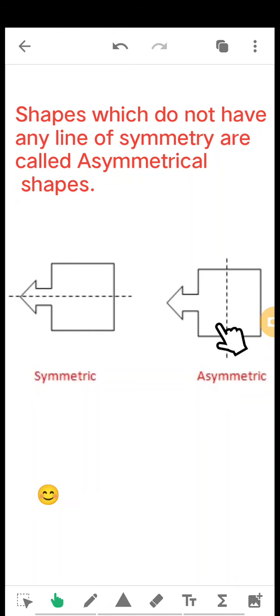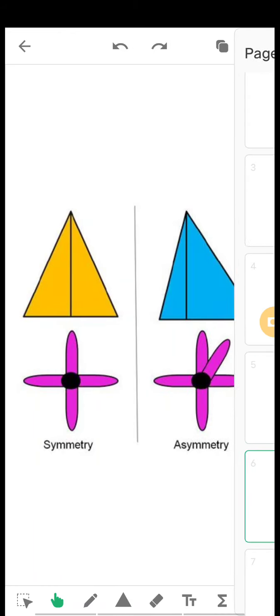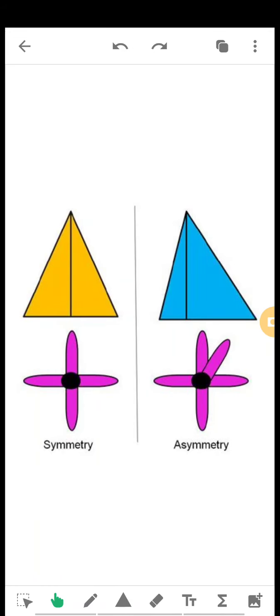But this line is not able to divide this shape into two equal halves. So, this shape is called an asymmetrical shape. Now, we move to the next example. Here you can see some examples of symmetrical shapes as well as asymmetrical shapes.